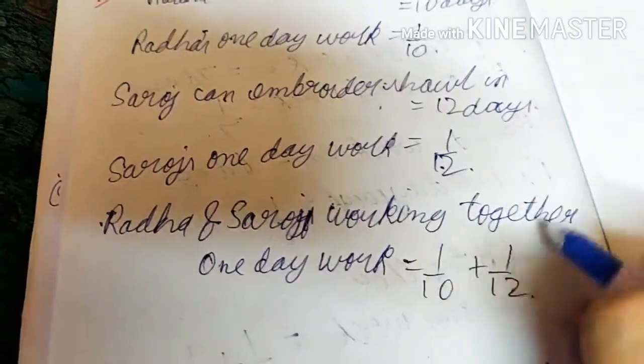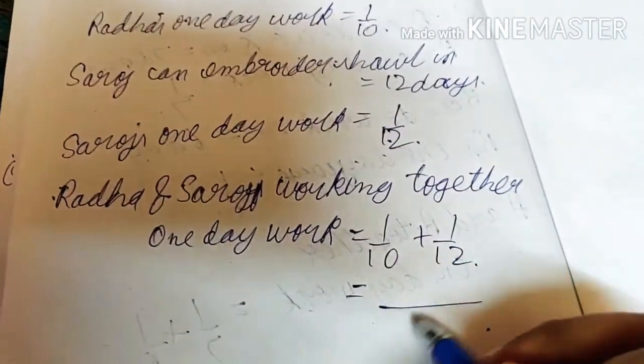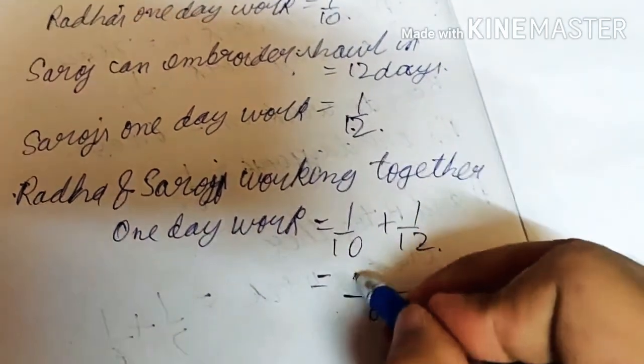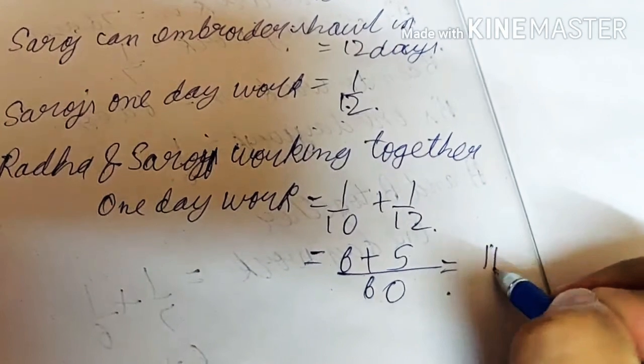So together they can do this much work in one day. LCM will be 60. 6 plus 5 means 11 by 60.